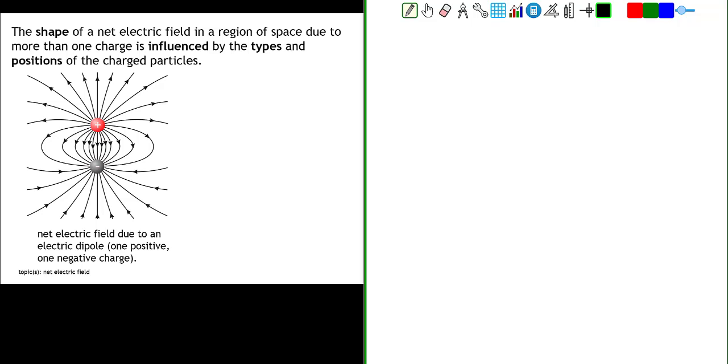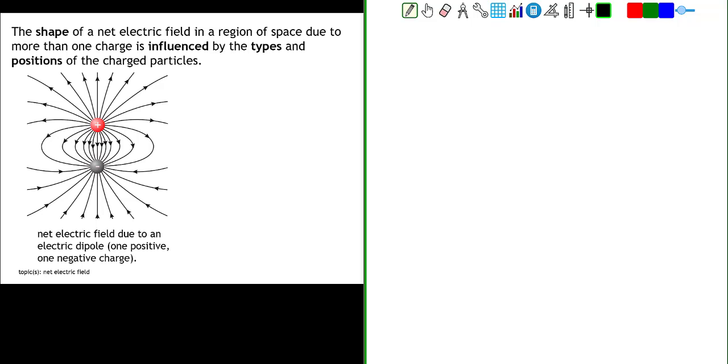As you see in the diagram on the left, that electric dipole having a positive and a negative charge produces an electric field that looks a lot like that if you were to map it out with your test charge. Notice how the electric field is curved. Notice how the electric field lines start on the positive charges and end on the negative charges.